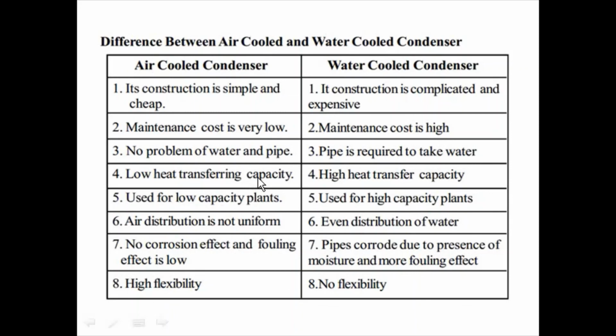This is a great disadvantage of the air-cooled condenser, while for the water-cooled condenser, high heat transfer capacity is provided. Number 5, used for low capacity plants, while the water-cooled condenser is used for high capacity plants.